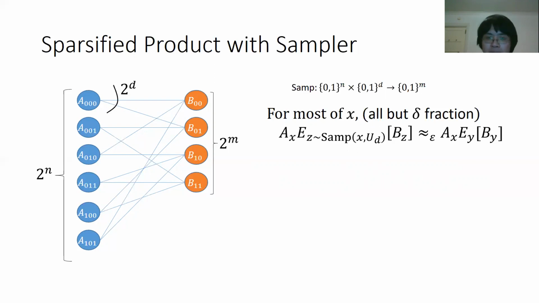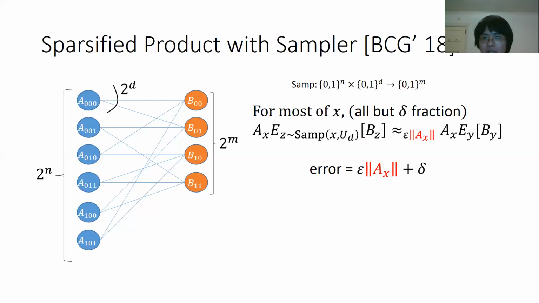So after we take the average of this over all the X, the left-hand side will be the sparsified product and the right-hand side will be AB, which means the sparsified product is close to AB. And the error will be epsilon plus delta, which comes from two parts. The first part, epsilon, comes from the good X, which satisfies the approximation stated above. And the delta comes from the bad X, which doesn't satisfy this approximation. But because there are only a delta fraction of them, this only contributes a delta term to the error.